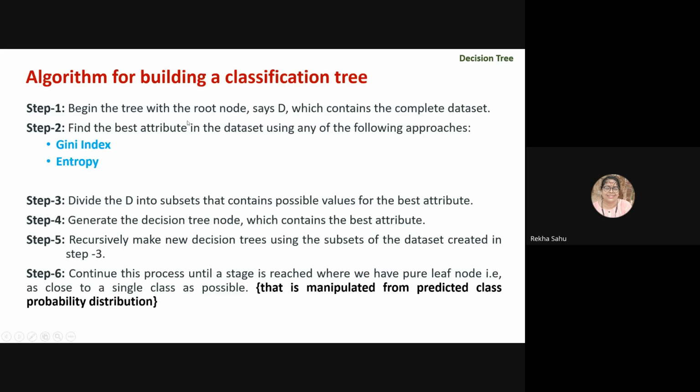You go on splitting until it belongs to a single class, as described in the example, or you come to a situation where it is unable to split. In that case, you take the probabilities, whichever is highest, and the instance belongs to that class, or you predict the value for some feature values as that class.